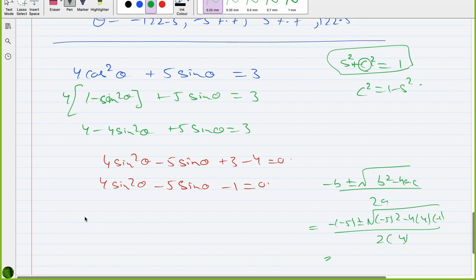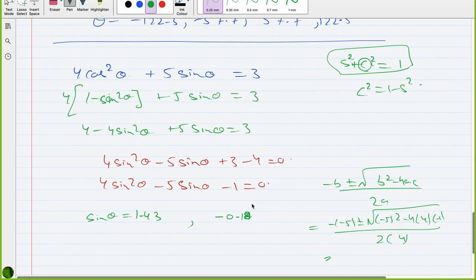With the positive sign, I'm getting sine theta is equal to 1.43 up to 2 decimal places, and with the negative sign I'm getting negative 0.17 or 0.18 up to 2 decimal places.